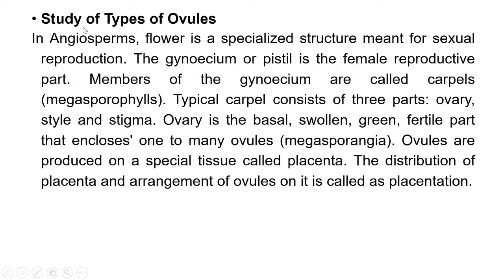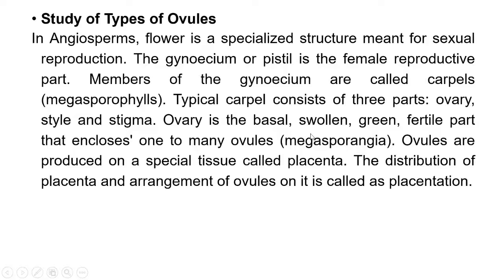Now, the second point of this practical is the study of types of ovules. In angiosperms, the flower is a specialized structure meant for sexual reproduction. This is the definition of flower. The gynoecium or pistil is the female reproductive part. Members of gynoecium are called carpels, or they are also called megasporophylls. A typical carpel consists of three parts, that is ovary, style, and stigma.